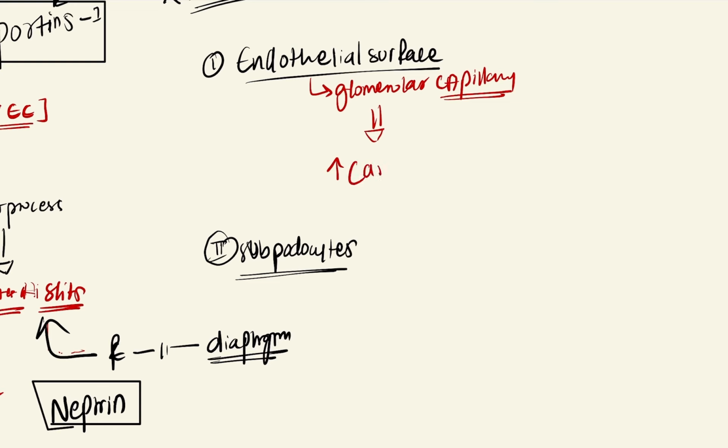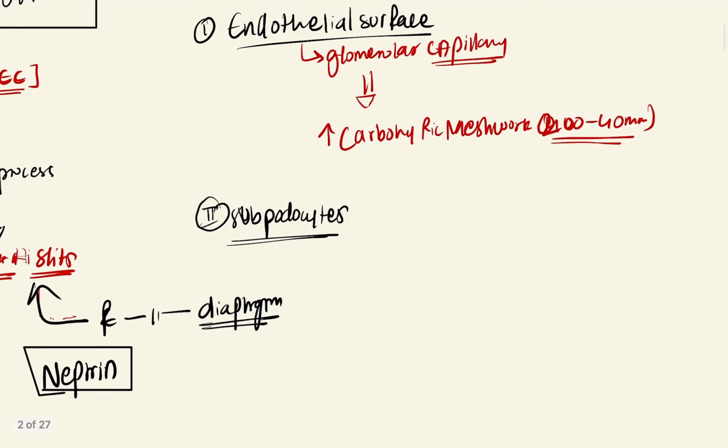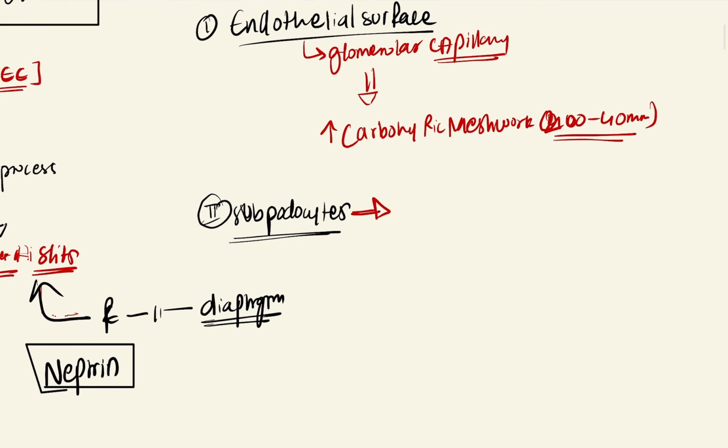This is carbohydrate rich, a carbohydrate rich mesh bulk, which is somewhere around 200 to 400 mm. And there is presence of podocytes, which provide 60% of the surface area for the filtration barrier.